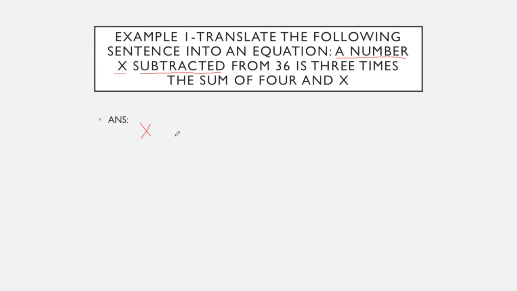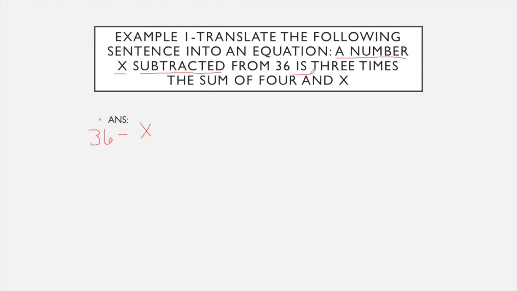If you think about it, we know that means minus. So x subtracted from 36, is that 36 minus x, or is that x minus 36? Well, x is what's being subtracted. X is what's being taken away from the 36, which is our beginning number here. So it should be 36 minus x.